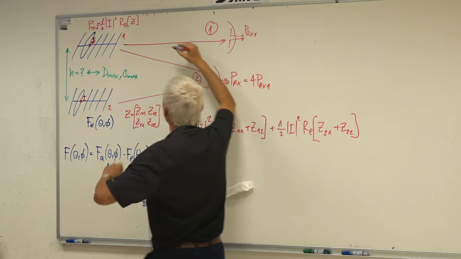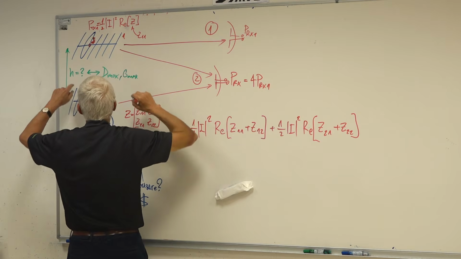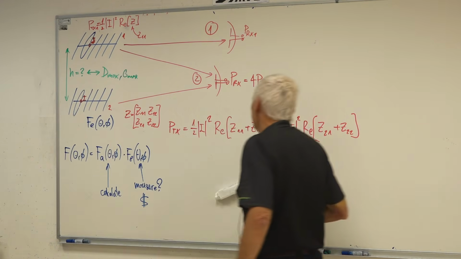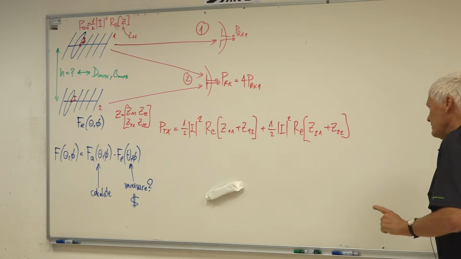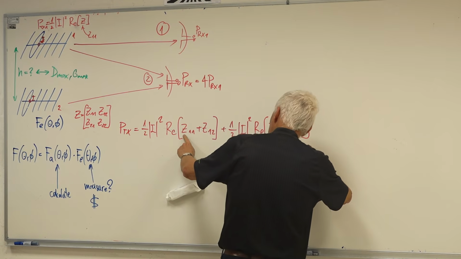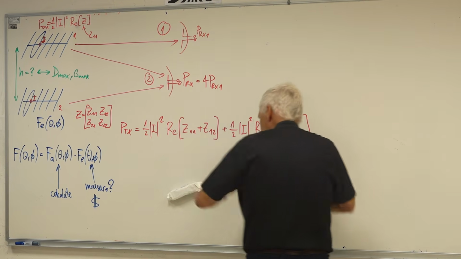So this Z here was really Z11 because we had no current in the other antenna, so there was no influence from the other antenna. But when I have both antennas operating, I should consider both the self-impedances of these antennas and the mutual impedances between the 2 antennas.